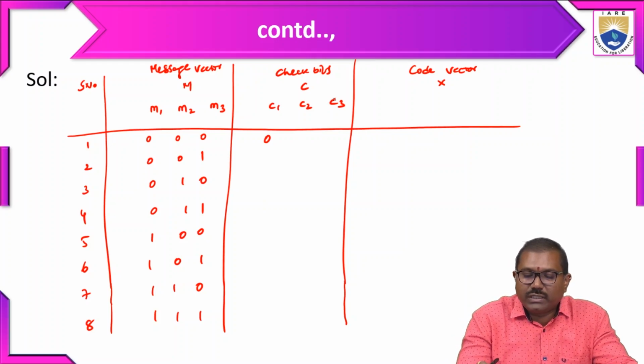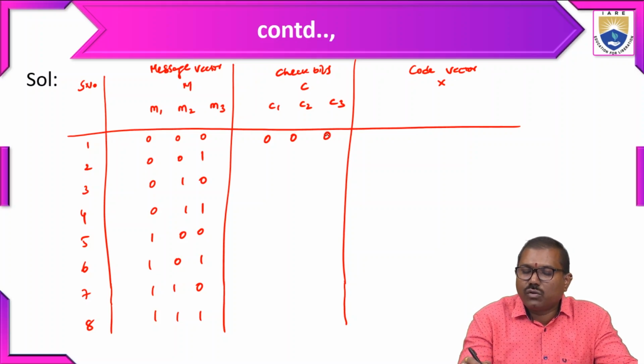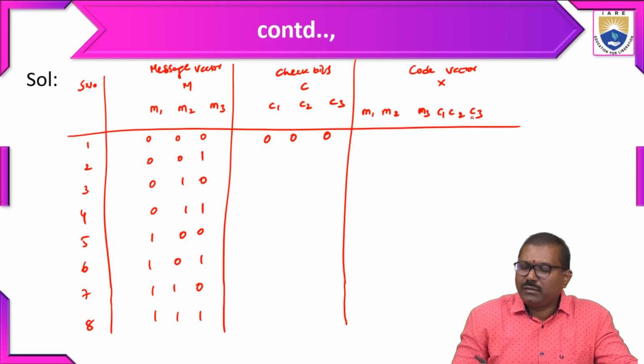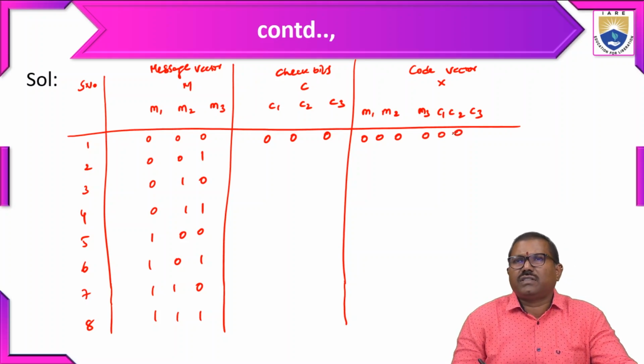M1 XOR M3. M1 is 0 and M3 is 0, so it is also 0. C3 is M1 XOR M2, so this is also 0. So what is my code? The first part is the message and next are my parity check bits. So these 3 and these 3, 6 bits are generated.